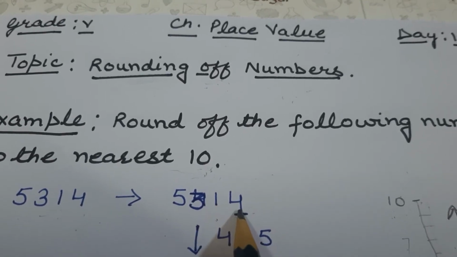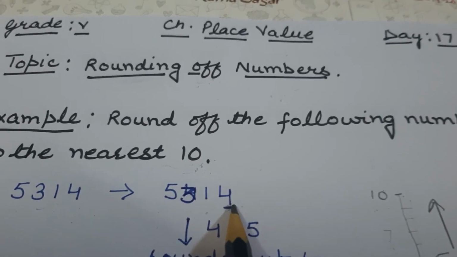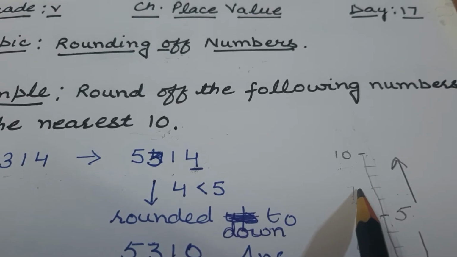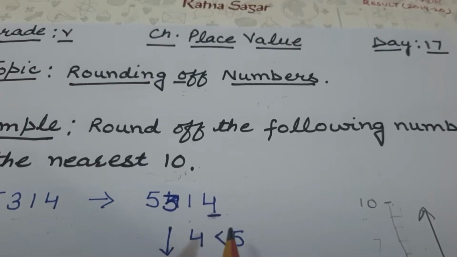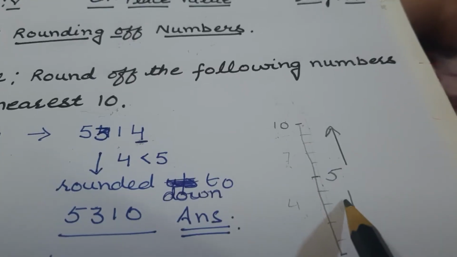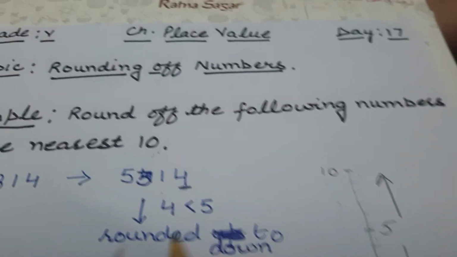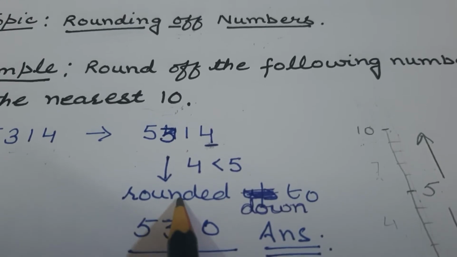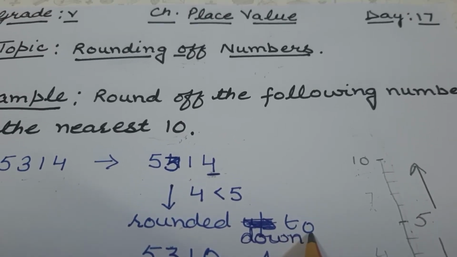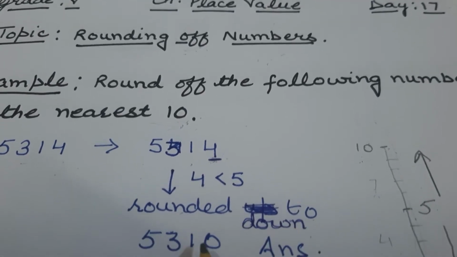Now we will check whether it is less than 5 or more than 5. Now if we see 4 is less than 5, so if number is less than 5, we round it down. So it is rounded down to which number?